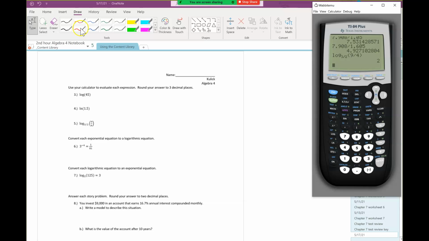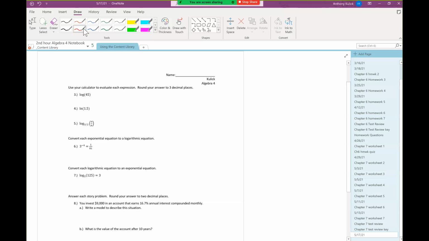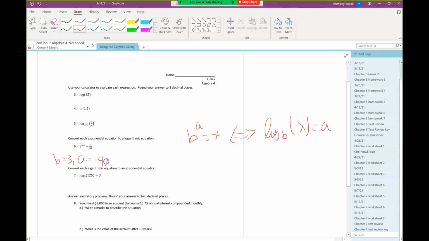Yep. So here we're just using our definition of a logarithm that says b to the a is equal to x if and only if log base b of x is equal to a. So in this case, my b is 3, my a is -4, and my x would be 1 over 81, right?